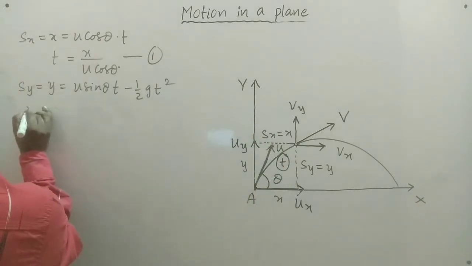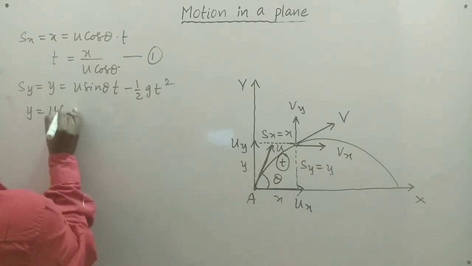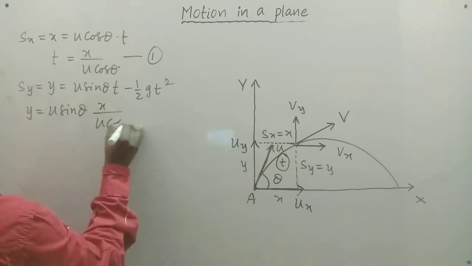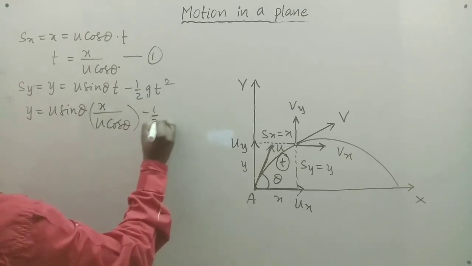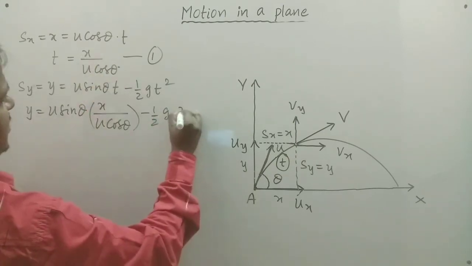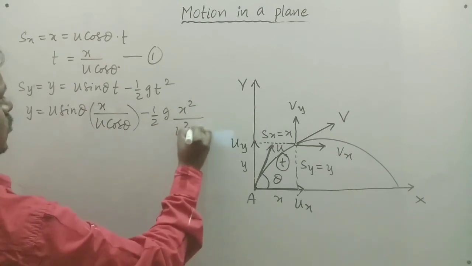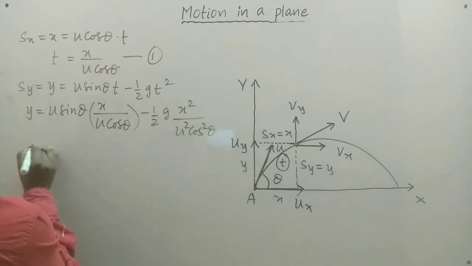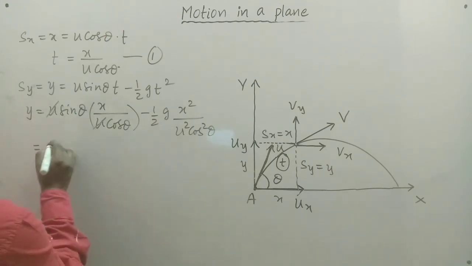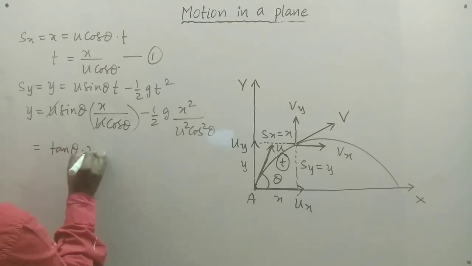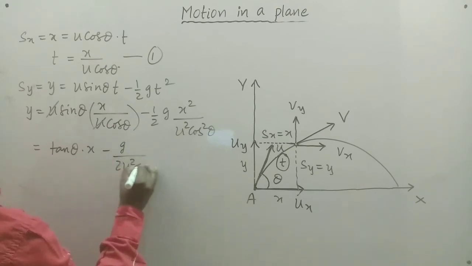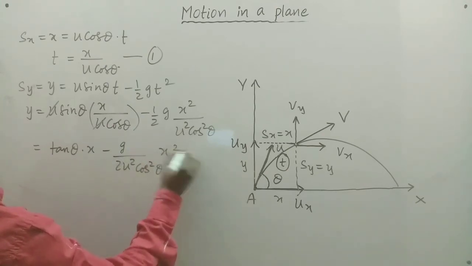You see that y is equal to u sin theta into t, where t is x by u cos theta, minus half g into t square. What is t? X by u cos theta. T square is x square by u square cos square theta. See this? U gets cancelled. We will get sin theta by cos theta, tan theta, into x minus g by 2u square cos square theta into x square.